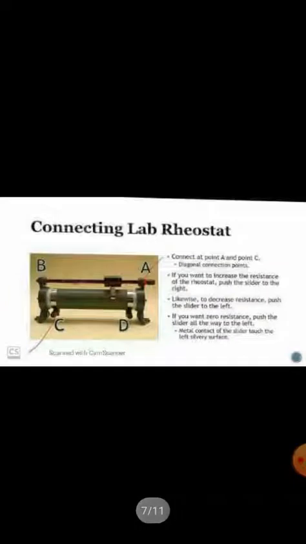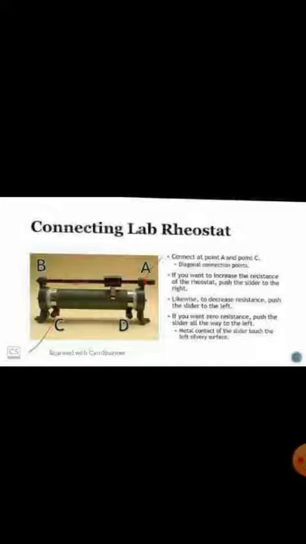Now, this particular component known as rheostat or variable resistance is used for regulating the current. To regulate the current means you are trying to control the flow of current in a circuit without making any change in the voltage. You can see the letters A and C in the image. So you connect the rheostat between the 2 points A and C. You can also observe a slider on top.